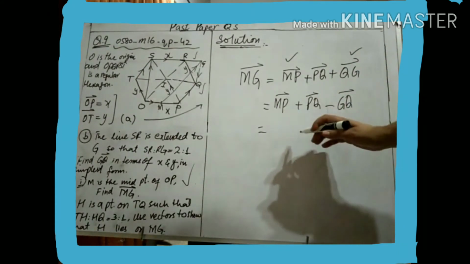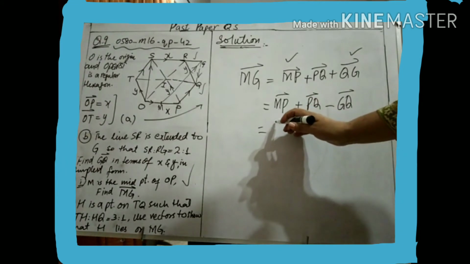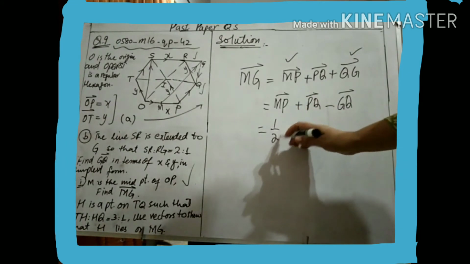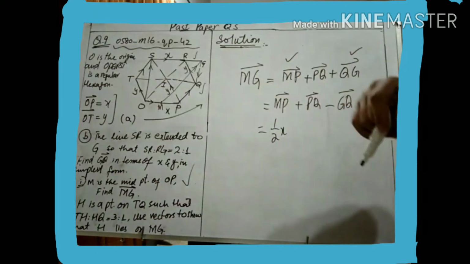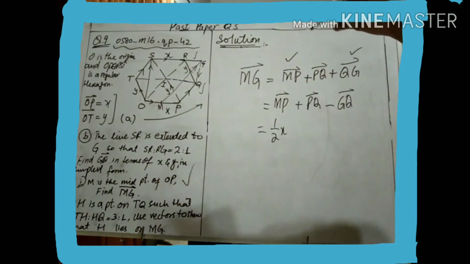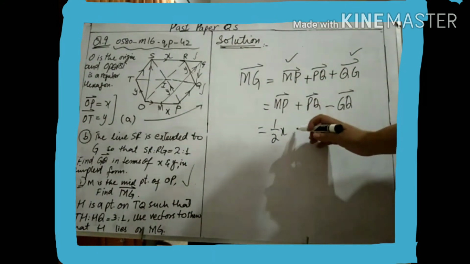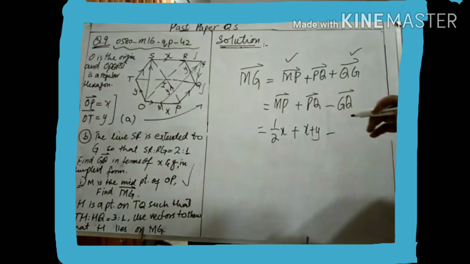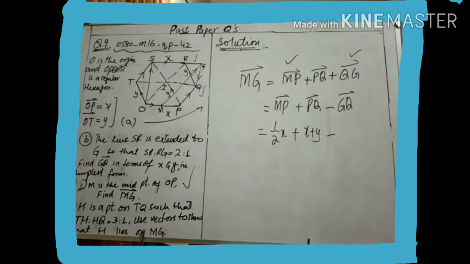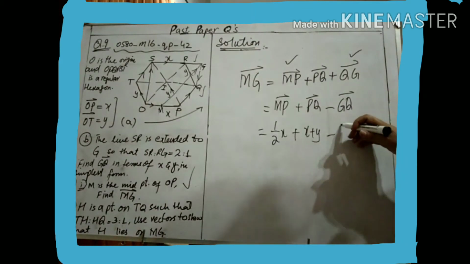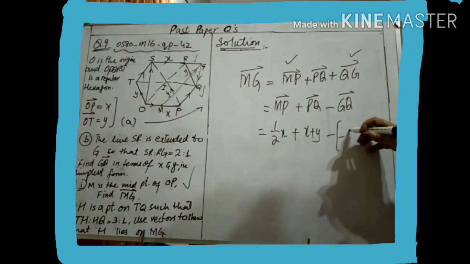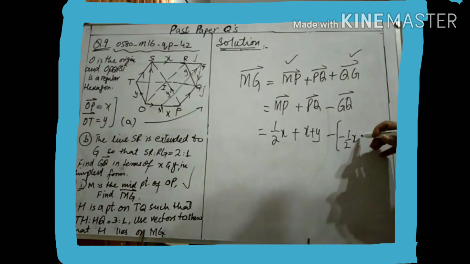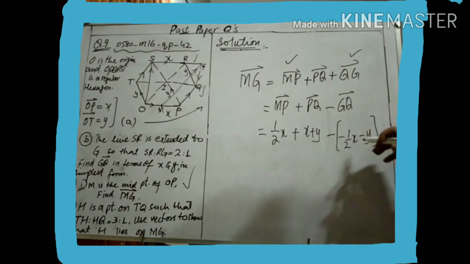Now we can substitute the values. MP is half of X, because M is the midpoint. PQ is X plus Y, and GQ is minus 1 over 2 X minus Y.